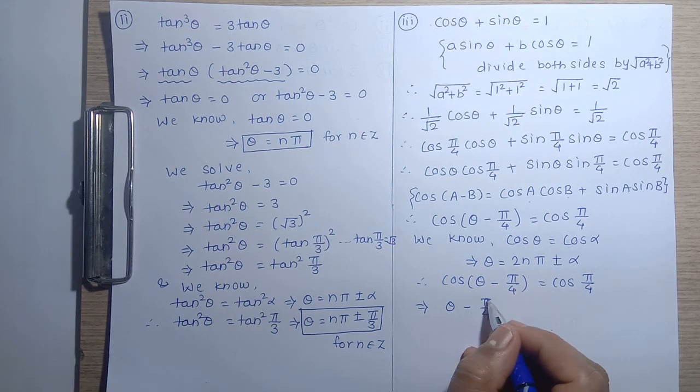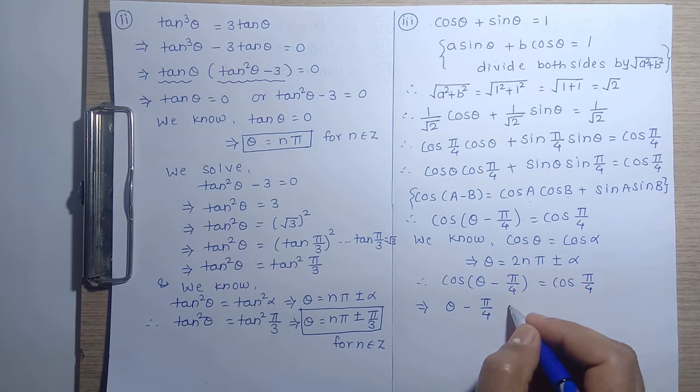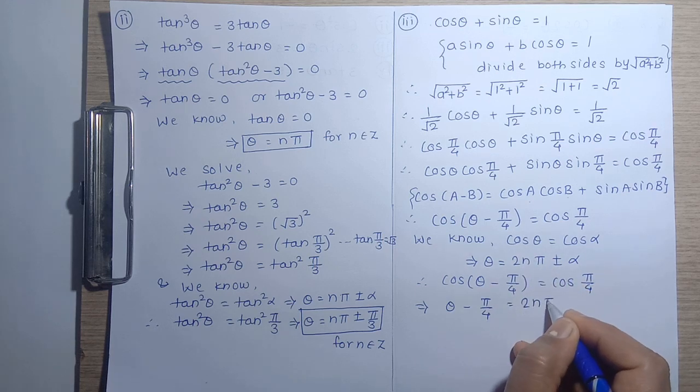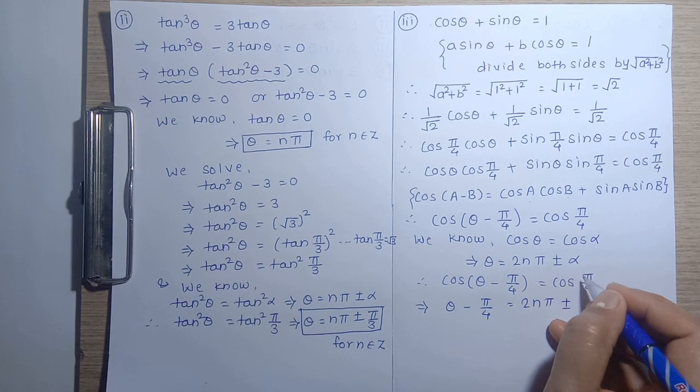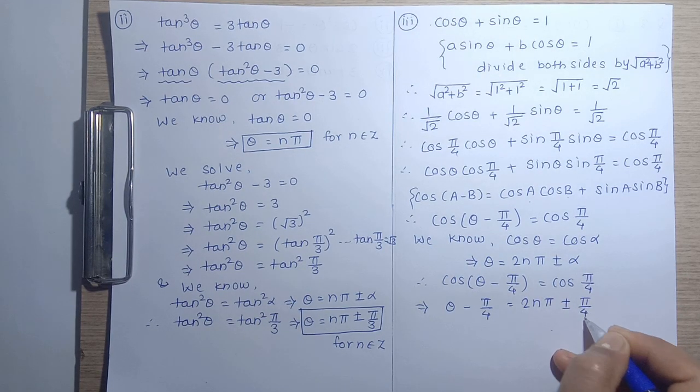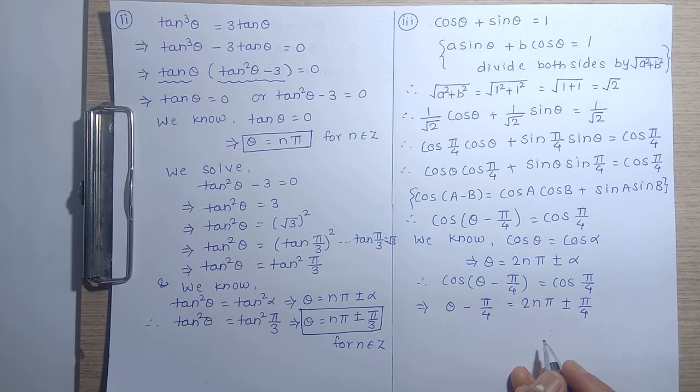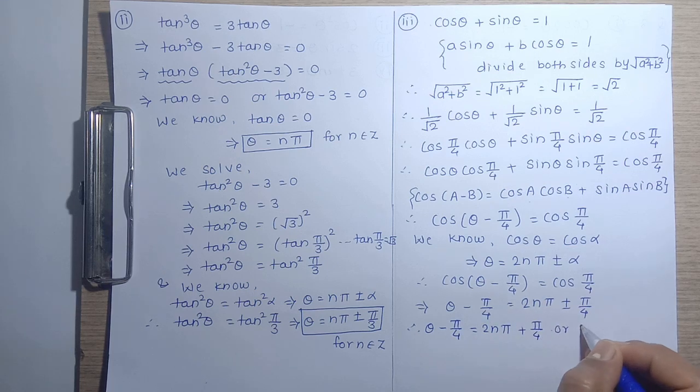Therefore we write theta minus pi by 4 in the left side is equal to 2n pi as it is, and instead of alpha we have pi by 4. Therefore we write the two terms separately, that is theta minus pi by 4 is equal to 2n pi plus pi by 4, or theta minus pi by 4 is equal to 2n pi minus pi by 4.